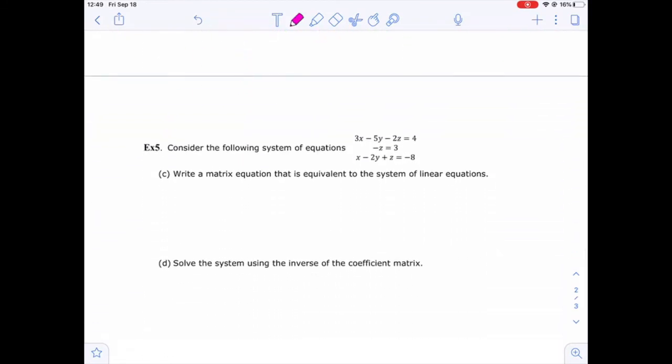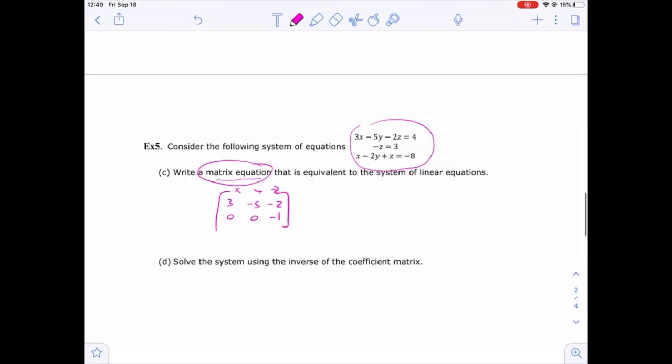Now let's do 3 by 3 systems. Here we want to write these equations in the equivalent matrix form, or matrix equation. So we put the coefficients first. In the second row, we don't have x, we don't have y, we have negative z, so the coefficient is negative 1.